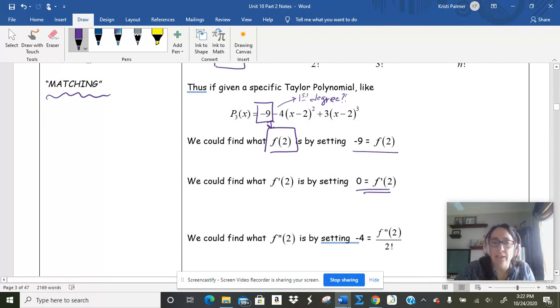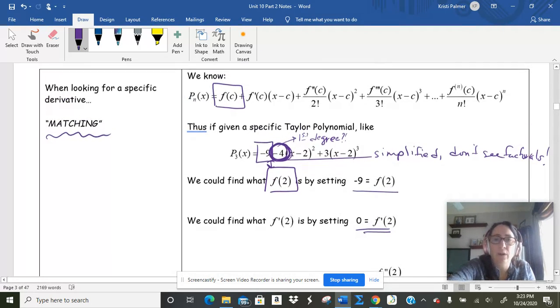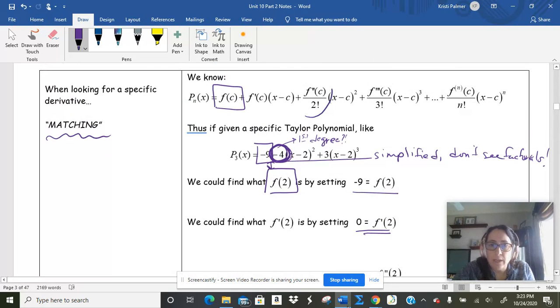Okay, so here's where it gets a little bit more fun. This right here in front of the second degree has been simplified because I don't see factorials. So that's already been simplified. We're going to have to say it was simplified from this right here.